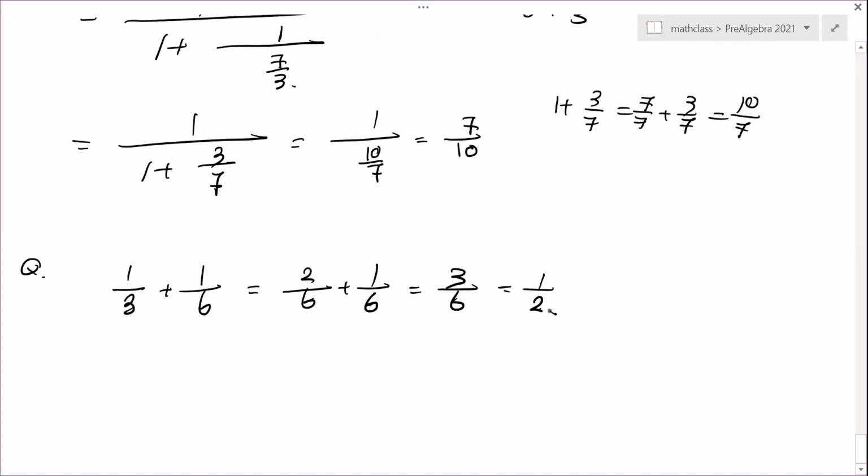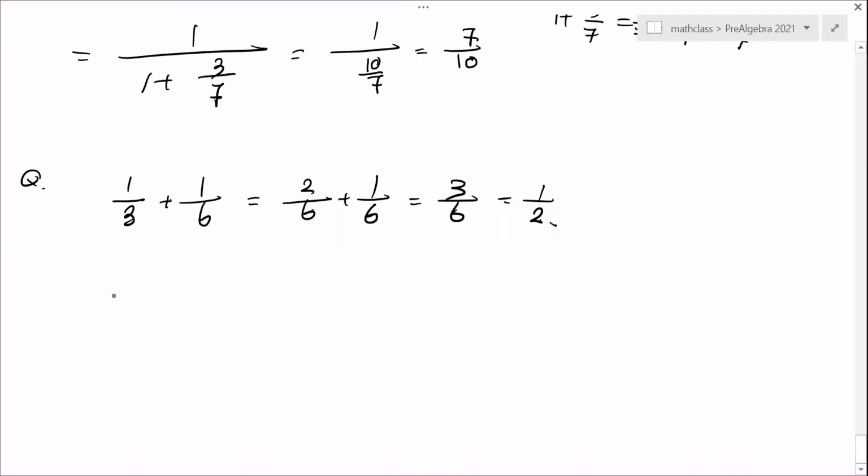Okay. Then if I change to, here's a 4 over 12. Let's see what we can get.